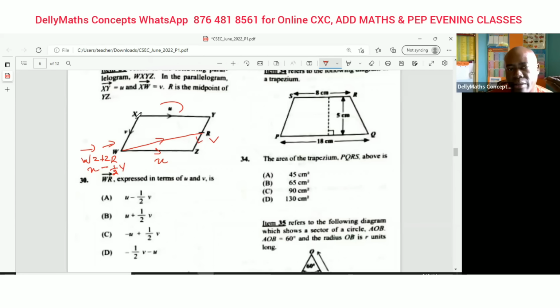Because I'm going this way, but the vector for that is coming the other way. So it's a minus a half of it, because it's a midpoint. So I'm looking for U minus half V, and it's at number 1. I'll take it and go.